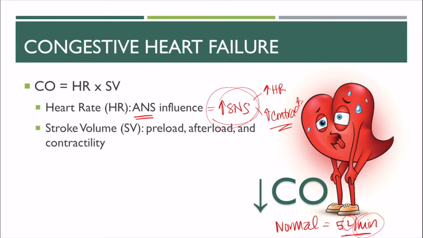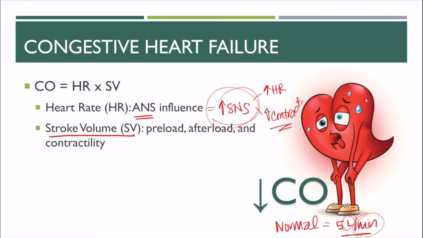The other thing we have to play with is the stroke volume. And so to understand how we can try to help a failing heart that's not maintaining cardiac output by manipulating stroke volume, we have to remember what contributes to stroke volume. So once again, stroke volume is the volume of blood pumped out per beat.